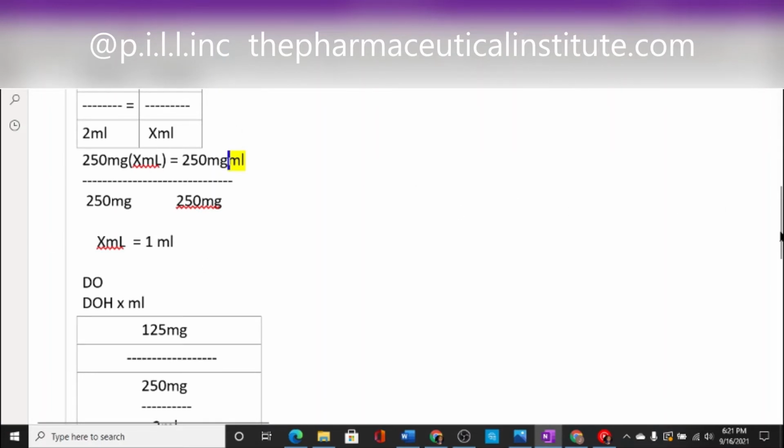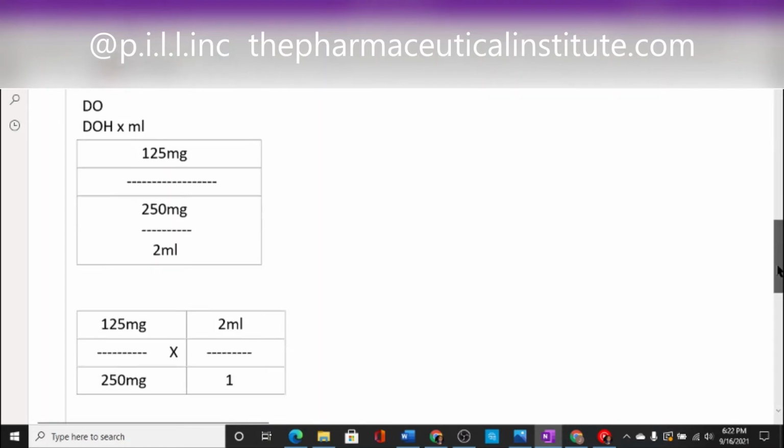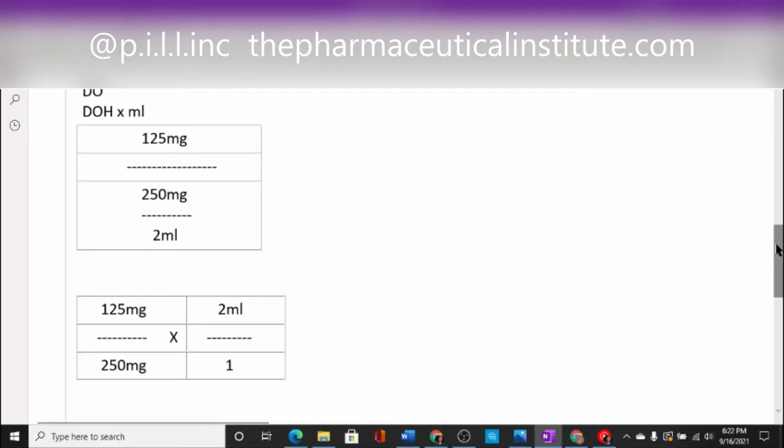Next, I would like to show you another formula that you can use to also keep it simple. It's a formula that a fellow technician shared with me, and I've been sharing it with my students ever since because it has made my life working in the sterile compounding department much simpler. So dose ordered divided by dose on hand times 1 milliliter.